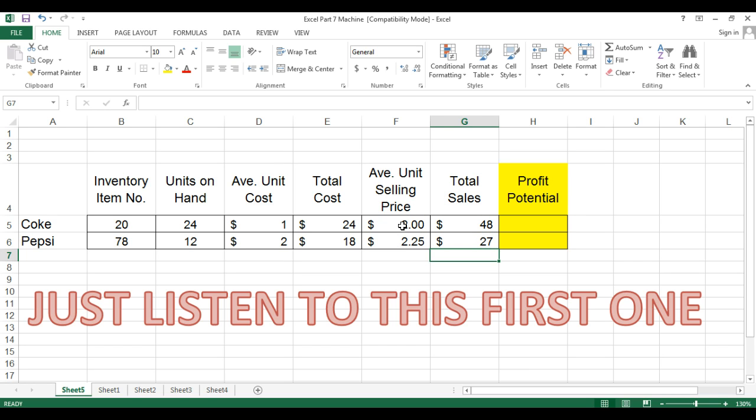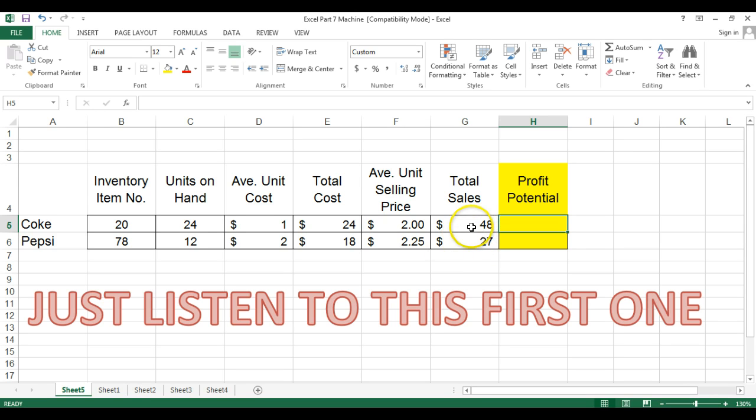We said, well, you know what? I think at $2 we'll make some money. So at that $2, we sold all 24 bottles of Coke, and at that $2.25, we sold all the bottles of Pepsi. So now what we have to figure out is this $48 and $27, that's not what we made.